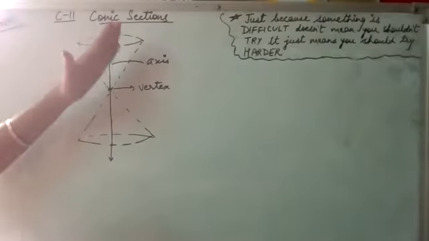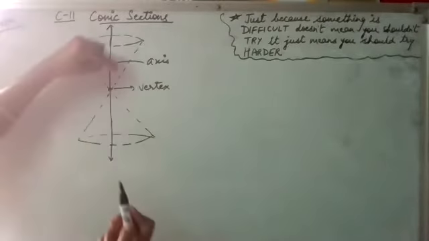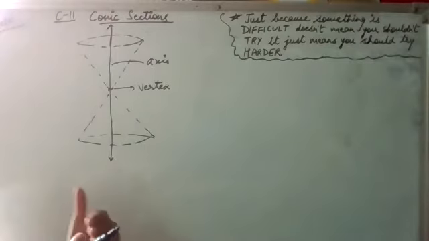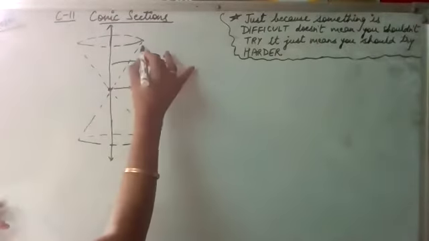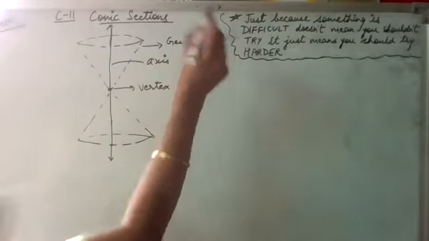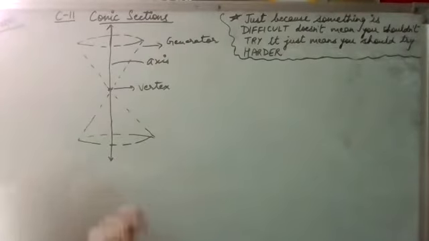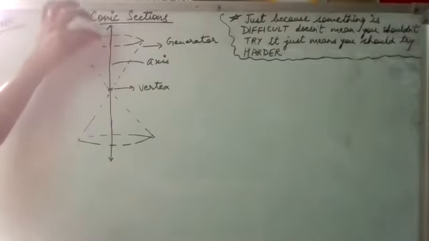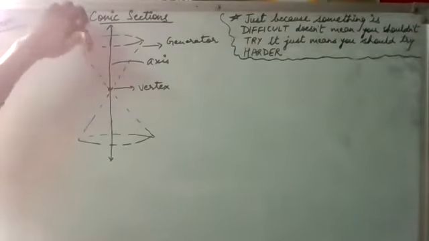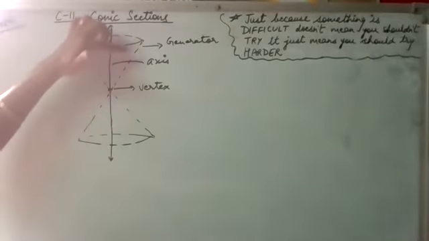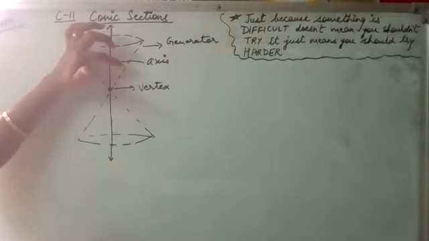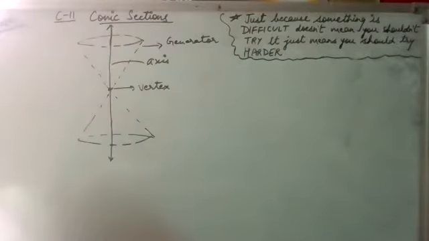And whatever line is generating the cone, making the figure as a cone, that is the generator of the cone. So the fixed point is the vertex, the fixed line is the axis. When we were moving the pen, there was a line which was making the cone, so that is the generator of the cone.